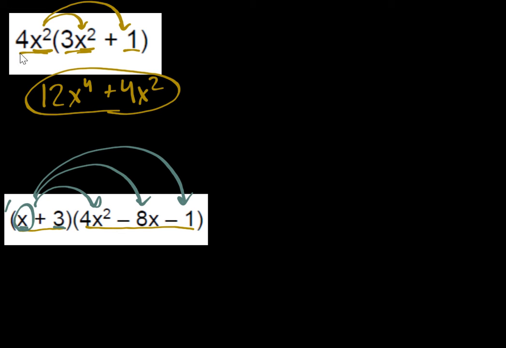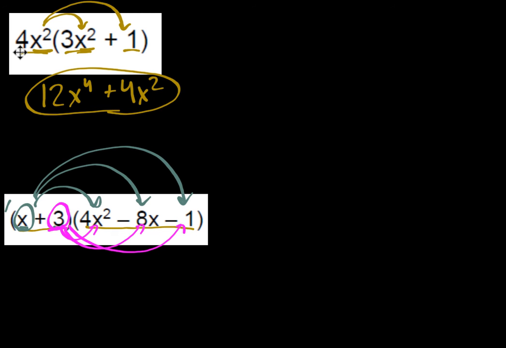And then the second term multiplies by every term in the second parentheses. It doesn't matter what the size of the parentheses are, or what the polynomials are, or if it's a 3-term times a 3-term. You just make sure every term in the first parentheses multiplies by every term in the second.